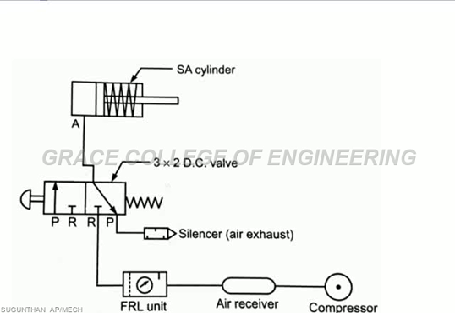The position will change. The single acting cylinder also has a spring inside, so the spring automatically pushes the piston to the retraction position. The air goes to the atmosphere through the air exhaust way.